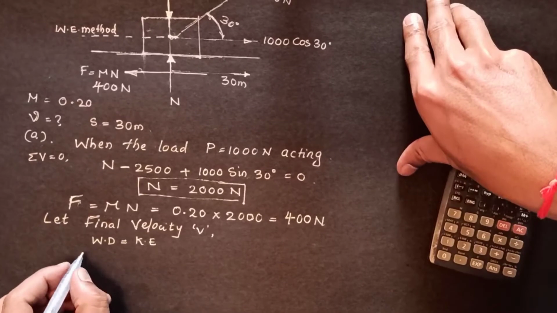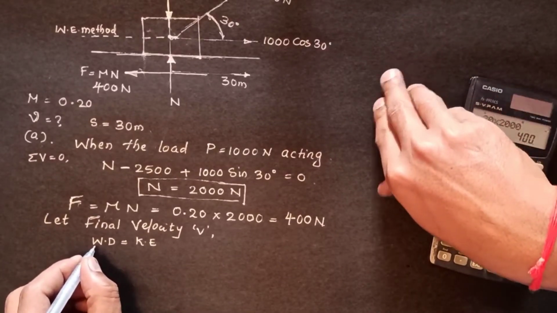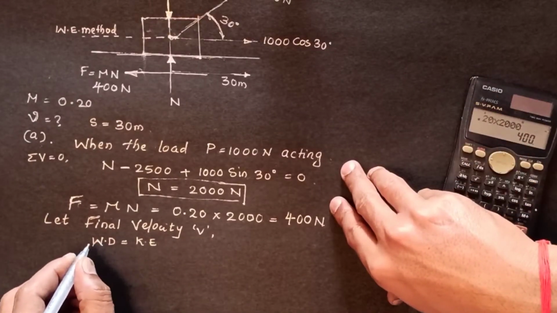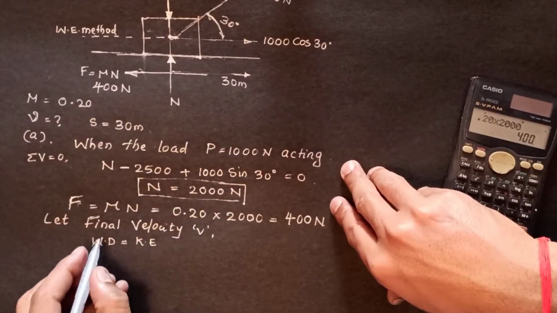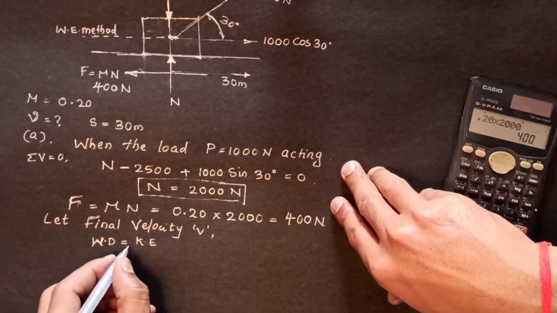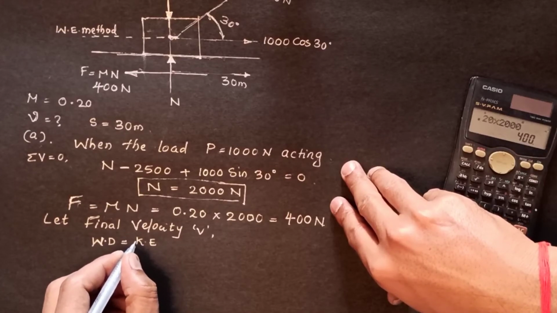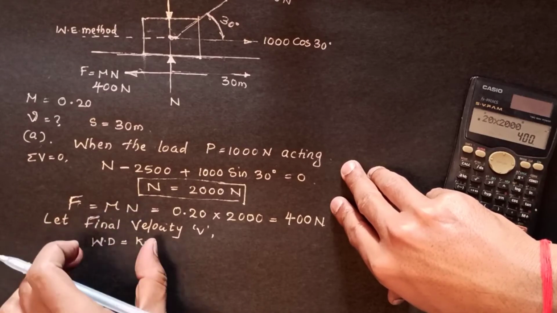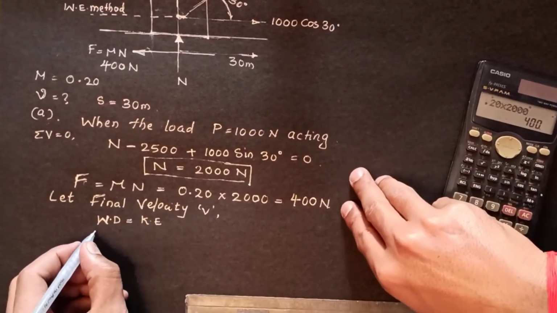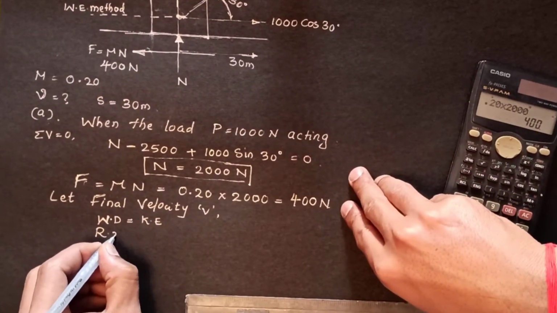So what is work done here? That is the force into the distance. The force applied into the distance traveled is equal to kinetic energy, that is half mv square.